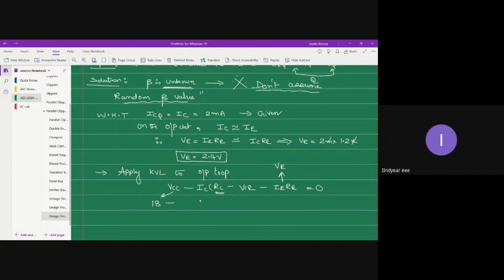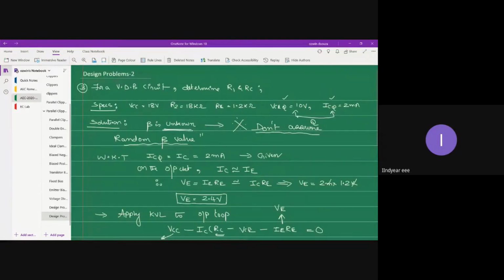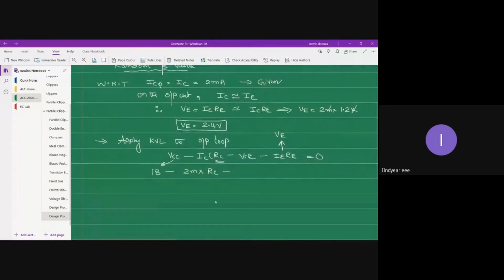You see VCC is given as 18. Let's substitute. So VCC is 18 minus IC, 2 milli into RC, which is unknown, minus VCE. VCE is given as 10 volts in the problem specification. So that's 10 volts minus IE into RE, which we have taken as 2.4 volts using the above formula, and that is equal to 0. So RC is equal to difference in potential divided by current, right?